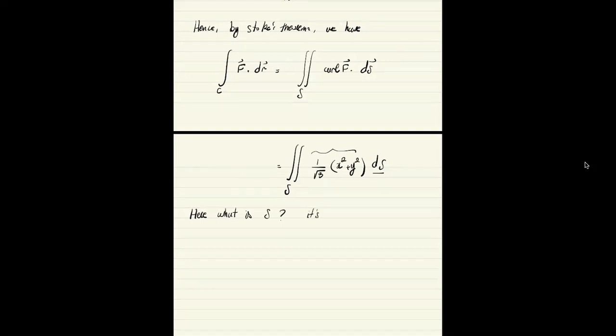It's a part of the plane z equals 1 minus x minus y, for x and y in the projection of S onto the x, y plane, right?